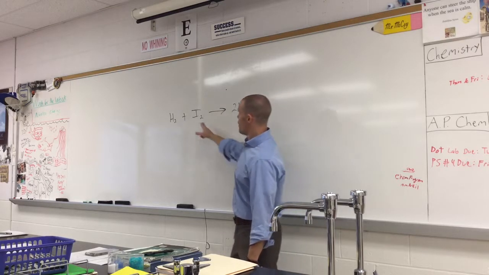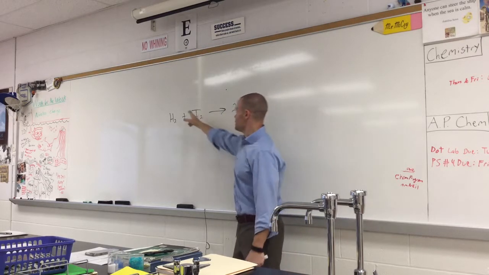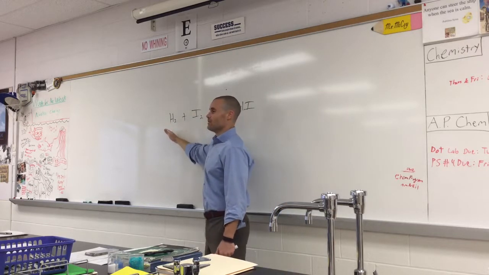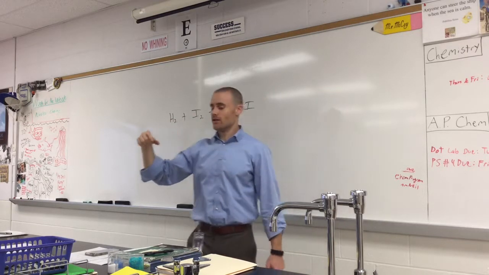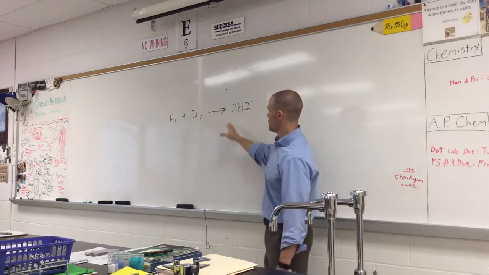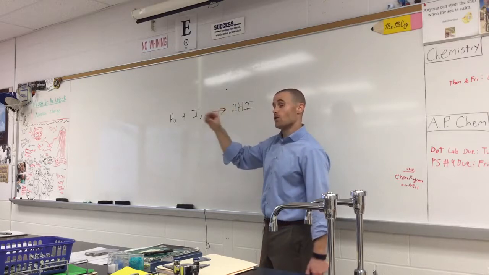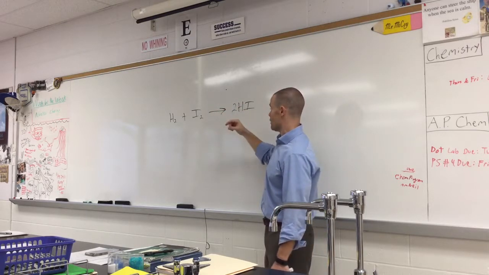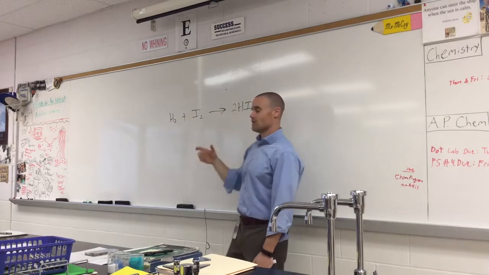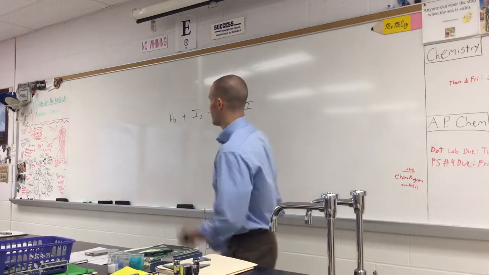So the ratio of I2 to HI is 1 to 2. What's HI to H2? 2 to 1. And it's important, the order. It's important on Regents, if they ask you a specific order, make sure you write the specific order. So it's 2 to 1 because this was first in the question. I know that's annoying, but just pay attention to the wording on those types of questions.